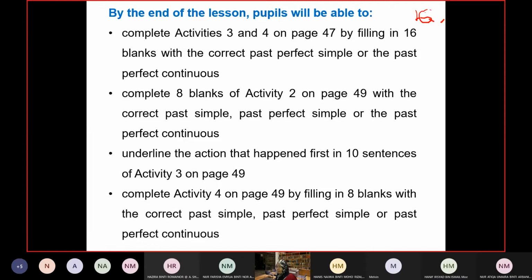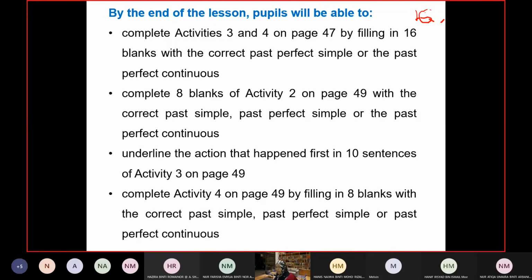So in some sentences which talk about the past, it is clear which action happened first. In this case, we can use the past simple for both actions. Okay, dalam sesuatu ayat tu, sebenarnya boleh je awak nak gunakan dua-dua tu past tense yang biasa tanpa menambah ataupun menggunakan past perfect simple or past perfect continuous.